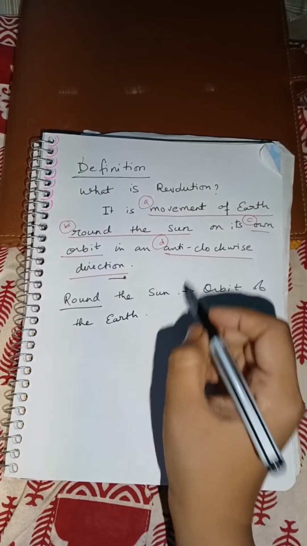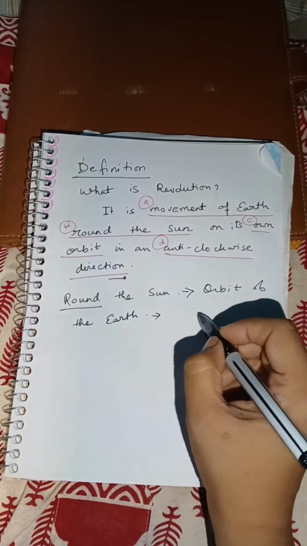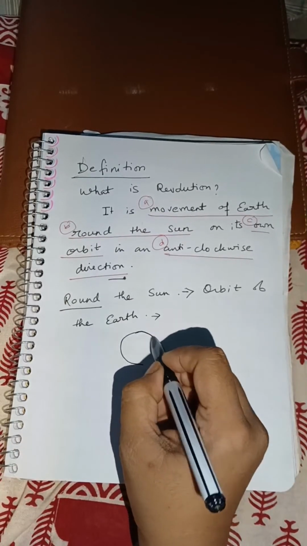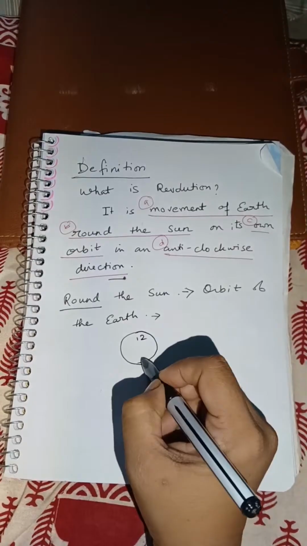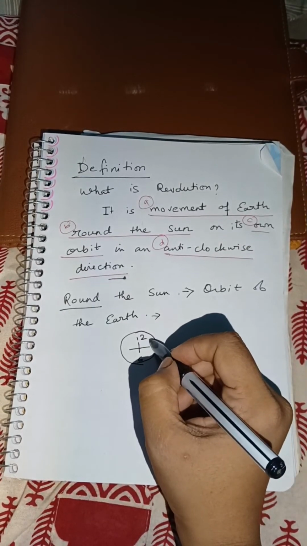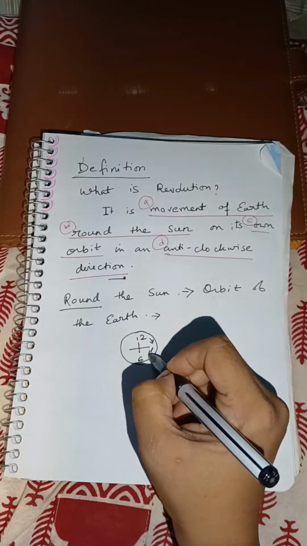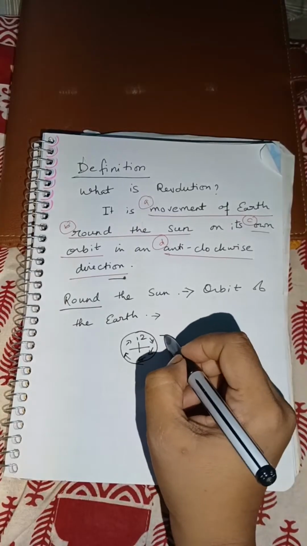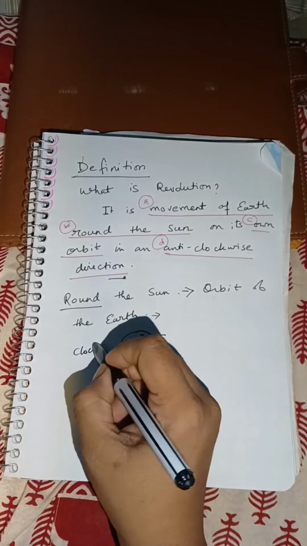And it is in an anti-clockwise direction. What do you mean by anti-clockwise direction? Suppose we see a clock. Generally a clock goes from this way, from 12 to 6 to this, and this is clockwise.